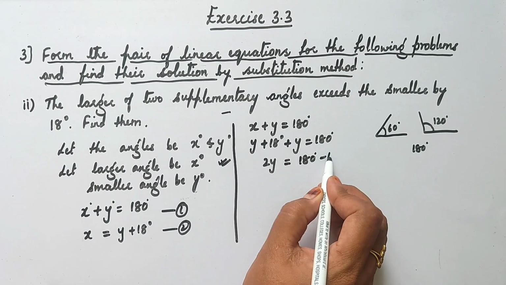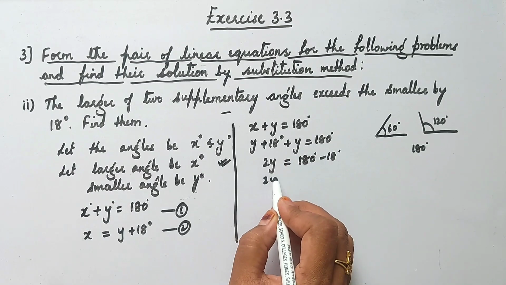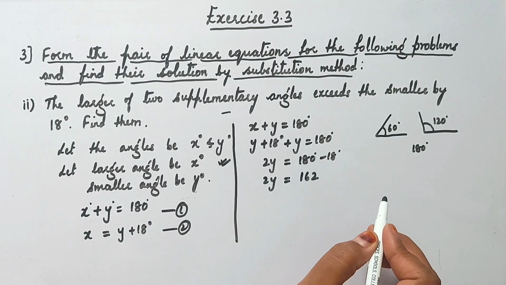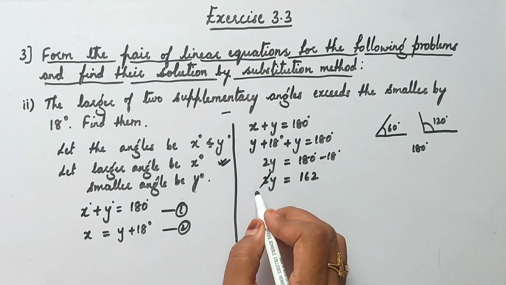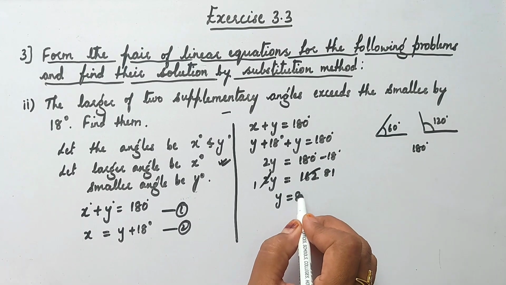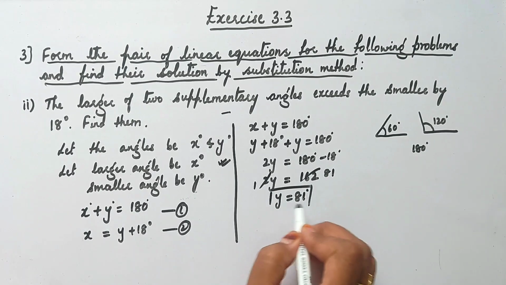Move this 18 to the other side: 2y equal to 162 degrees. Now we can directly cancel: 2 ones are 2, 2 eights are 16, 2 ones are 2. So y equal to 81 degrees.